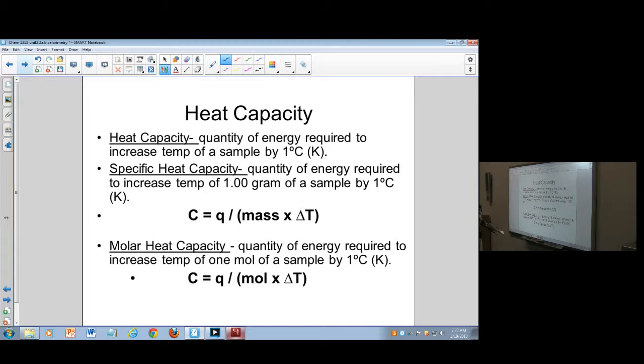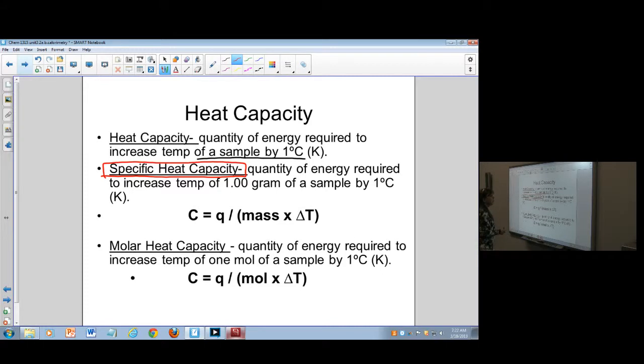All right, so a few terms. The heat capacity is the amount of energy needed to increase the temperature of a sample by 1 degree Celsius. The specific heat capacity, which is what we're mostly going to work with here, has values found in the CRC.